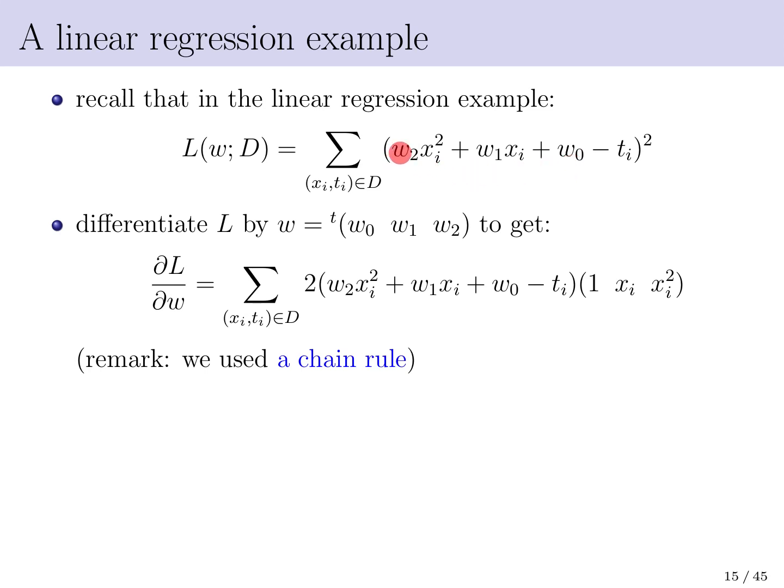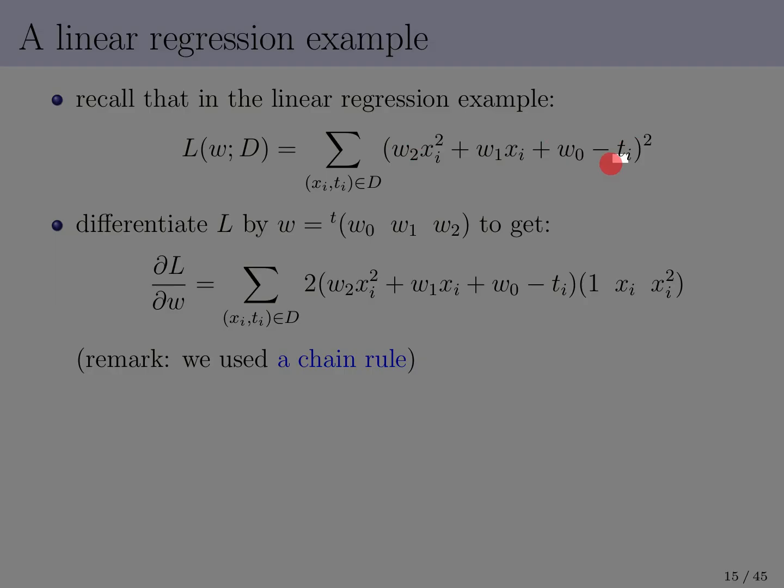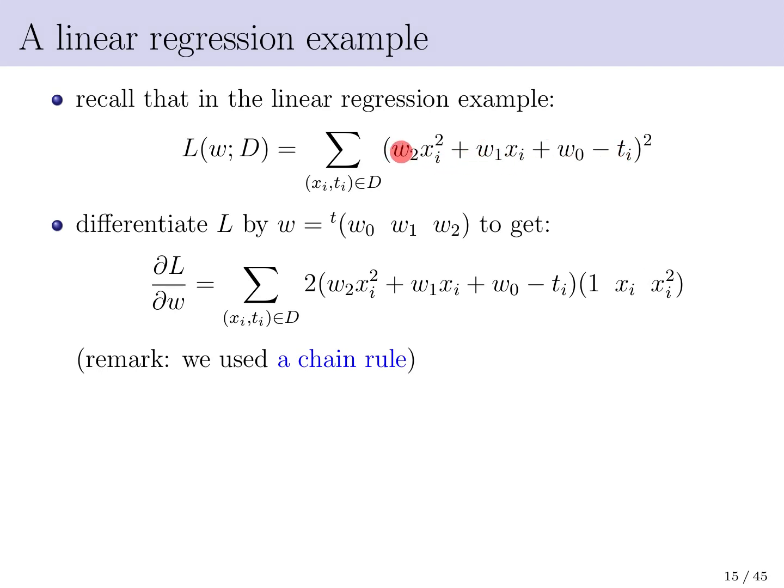Then you differentiate whatever is inside the parentheses by W0, and you get obviously 1, right? Similarly, if you differentiate by W1, this part is exactly the same, but if you differentiate what's inside the parentheses, you get xi instead, right? And if you differentiate by W2, you get xi squared here, right?